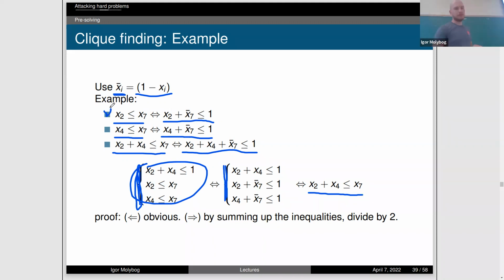If you think that this inequality by itself, this relationship, is obvious, okay. What about this one? Okay. What about this one right here? Not obvious.